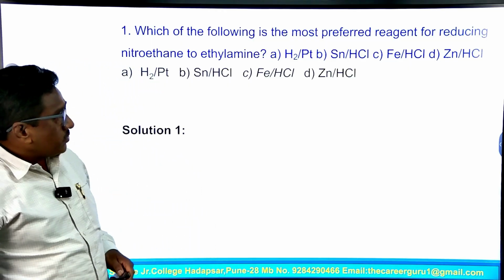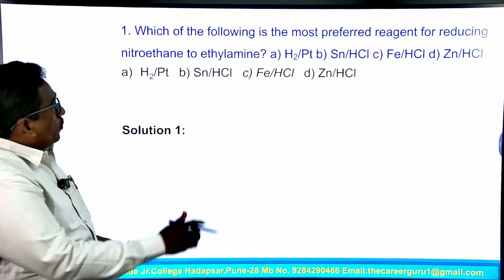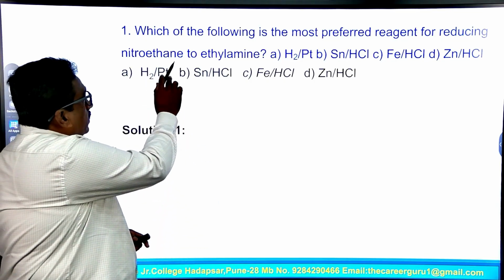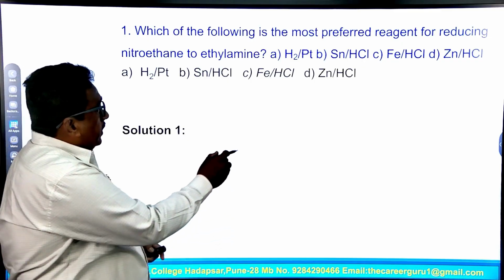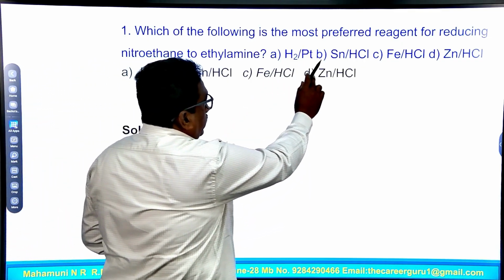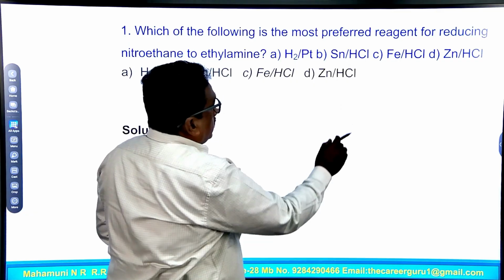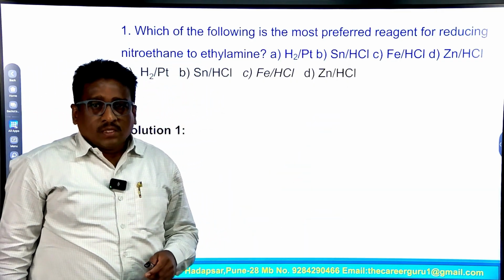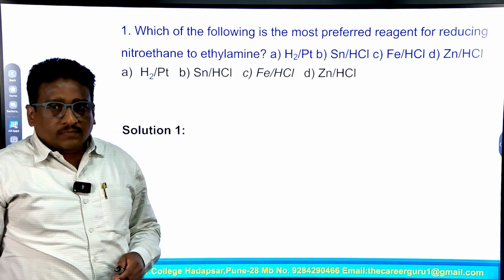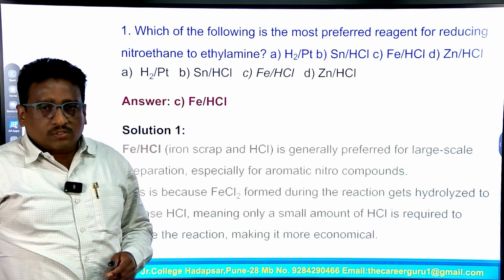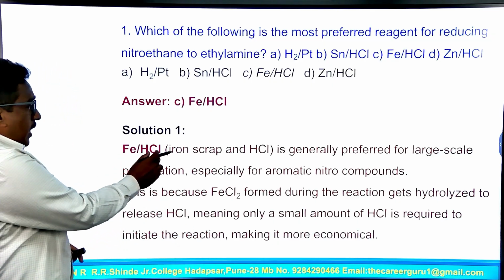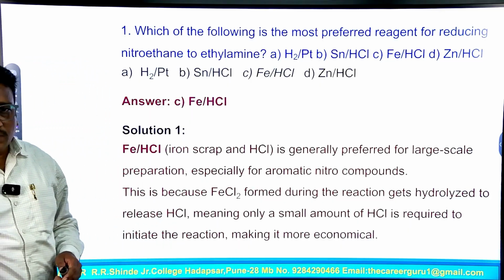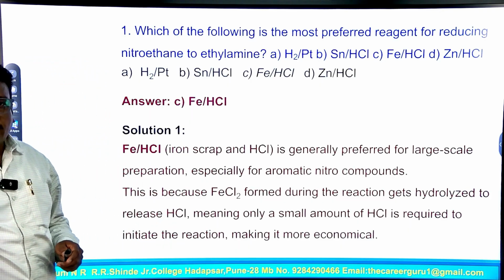So, this MCQ is based on the reduction of nitro compound. Which of the following is the most preferred reagent for reducing nitroethane to ethylamine? Option A H2/Pt, option B Sn/HCl, option C Fe/HCl and option D Zn/HCl. The correct option is Fe/HCl, because iron scrap and hydrochloric acid is generally preferred for large scale preparation, especially for aromatic nitro compounds.